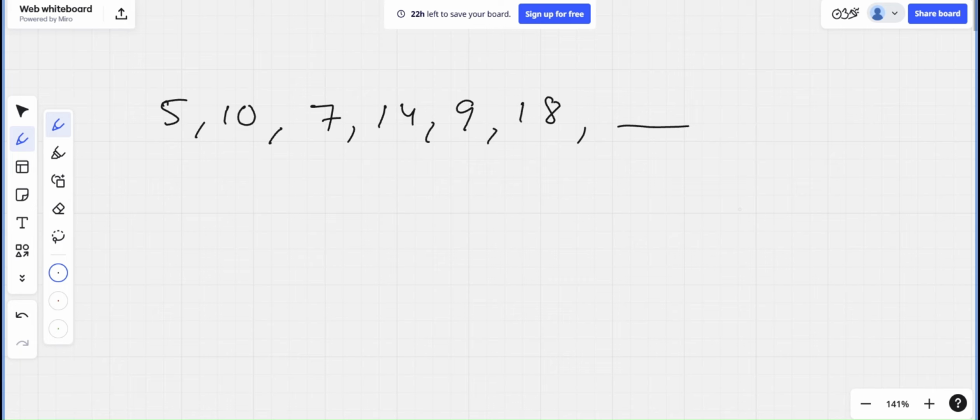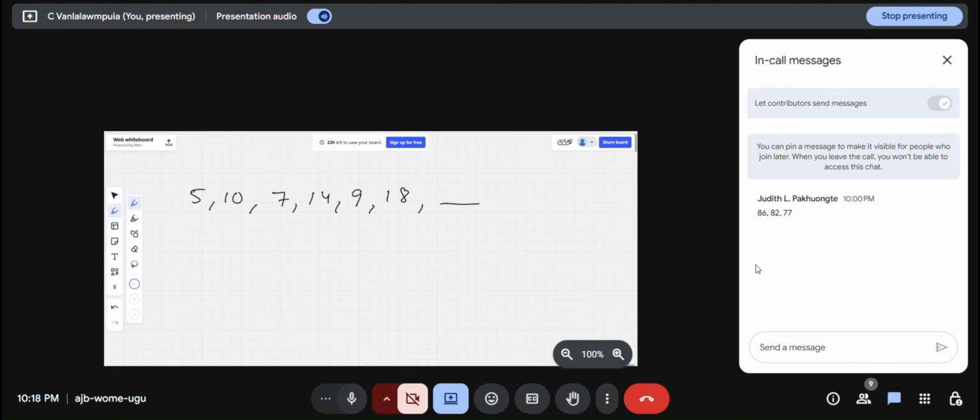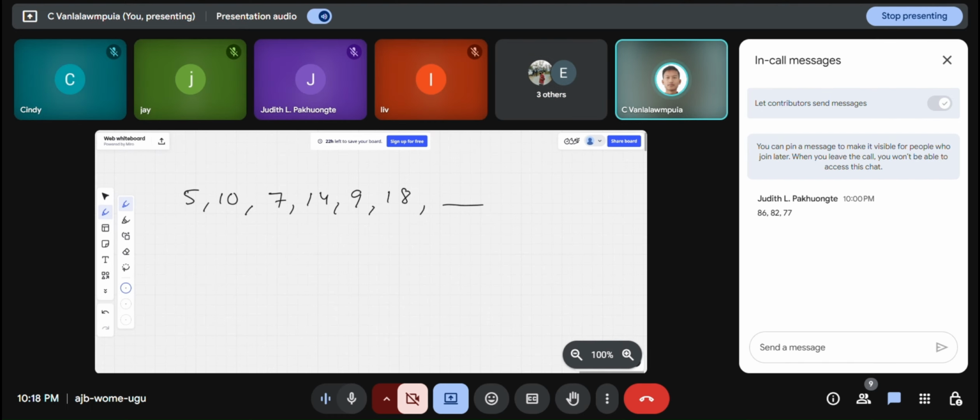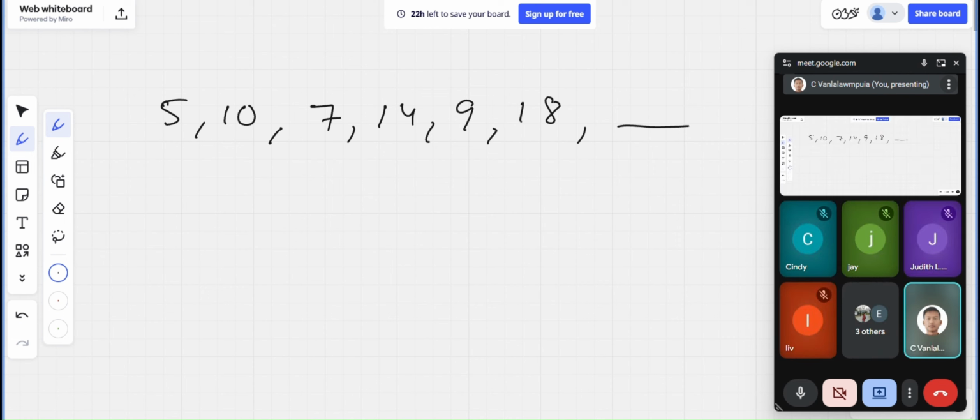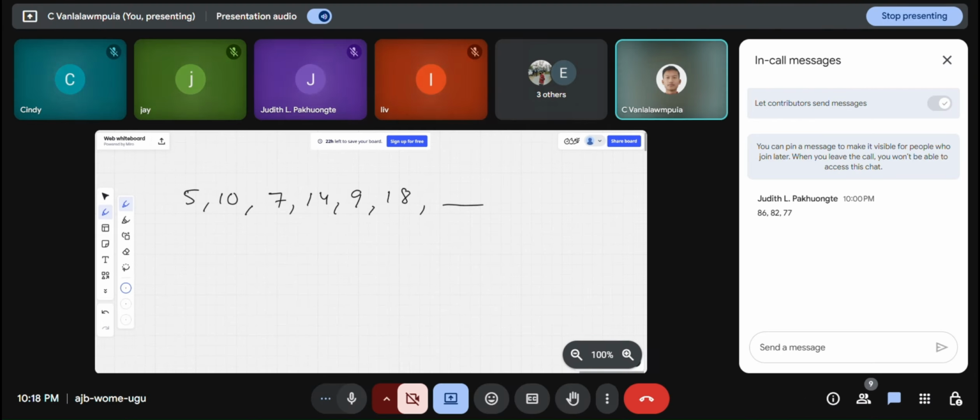Anyone knows the answer? I'm waiting, because this is a calculation based question. You can't just skip it. What is the answer?